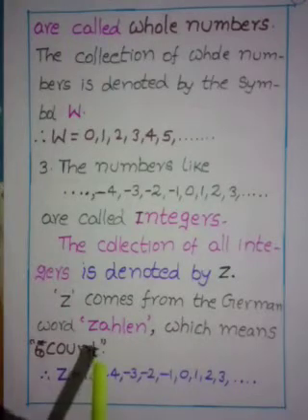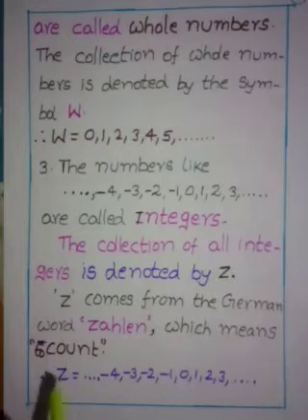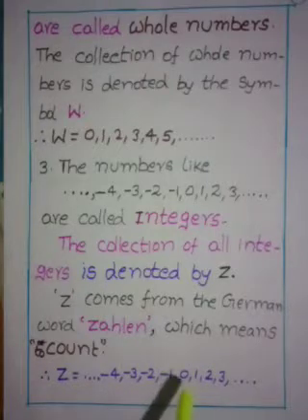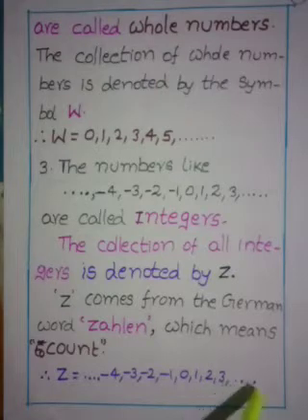Therefore, Z is equal to and so on, -4, -3, -2, -1, 0, 1, 2, 3, and so on. Okay, my children, right.